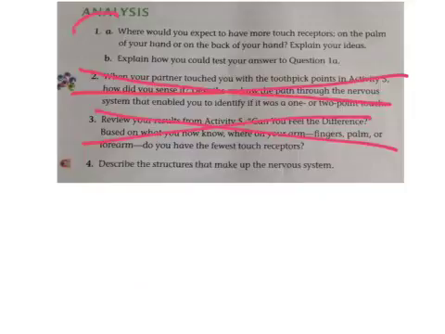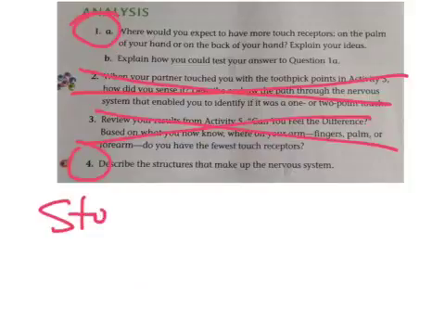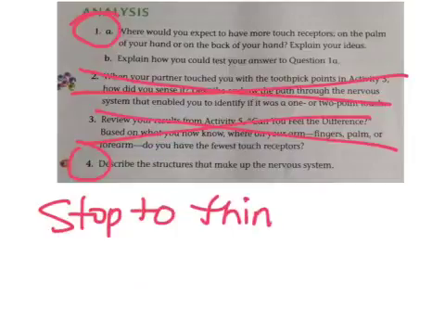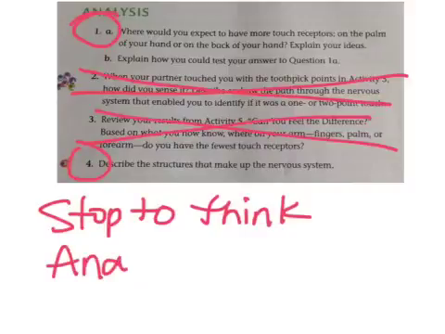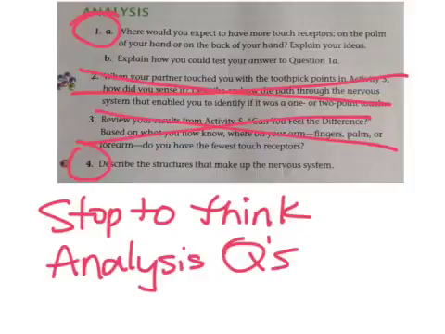You don't need to do questions 2 and 3 because those are actually talking about relating it to activity 5, which we haven't done yet. So remember, I want all the stop and thinks in your science notebook, and after that I'll also want your analysis questions 1 and 4.